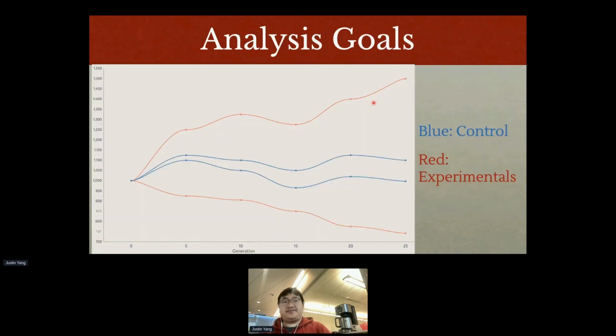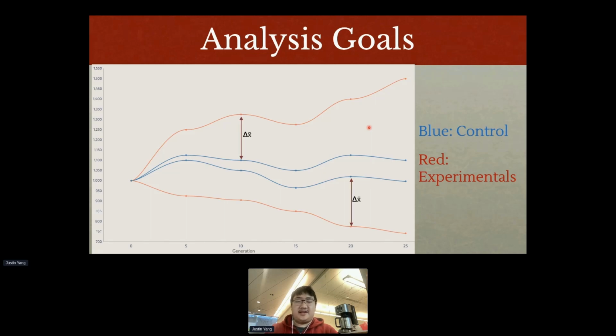And so, when conducting our preliminary analysis, we have a series of 3 different goals using this pseudo graph to describe, with the blues representing the controls, or those that have no transfers, and reds representing the experimentals, or those that have transfer history.